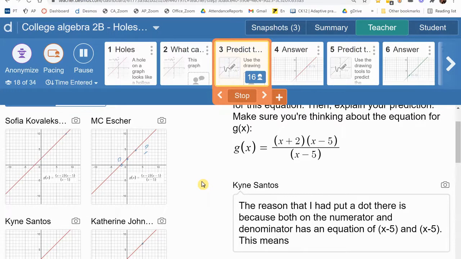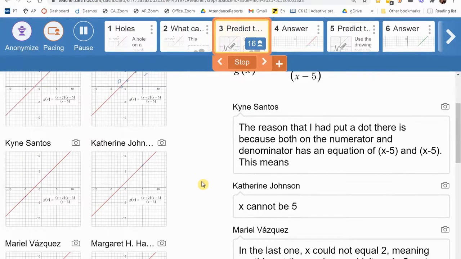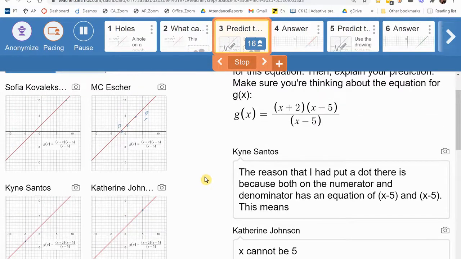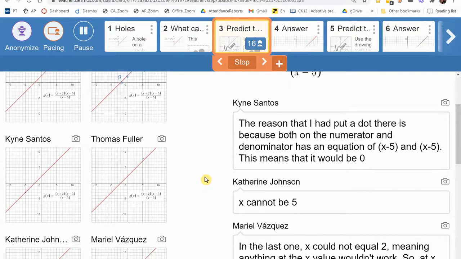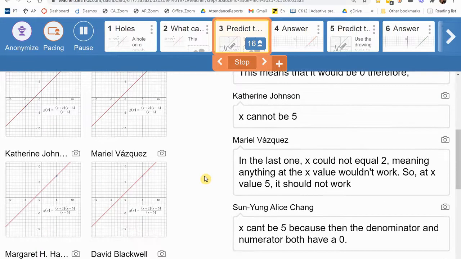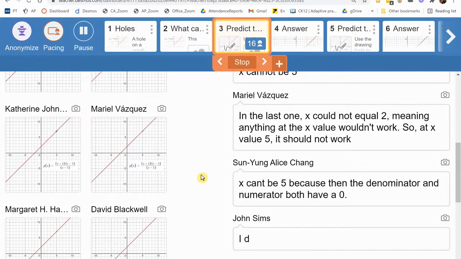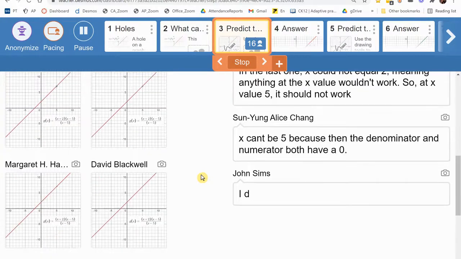If you look at the equation for G of X, right? So MC, if you think about that equation, what value of X would result in a 0 for the answer?